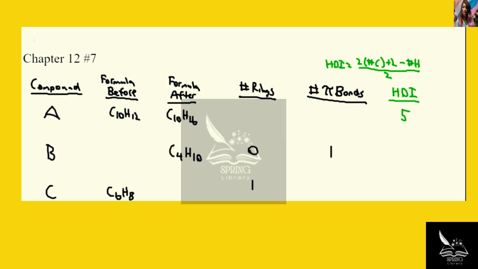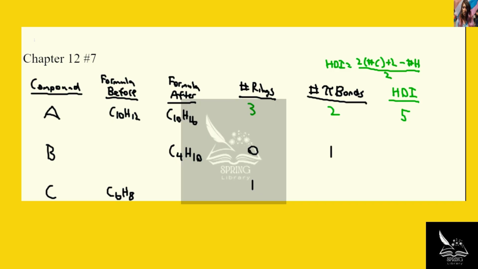That tells us that we have some number of rings and double bonds that adds up to 5. When we look at the formulas, hydrogenating adds 4 hydrogens, so that's 2 pairs of hydrogens. That tells us that we have 2 pi bonds. And since our HDI is 5, we must then have 3 rings, because 5 minus 2 equals 3.